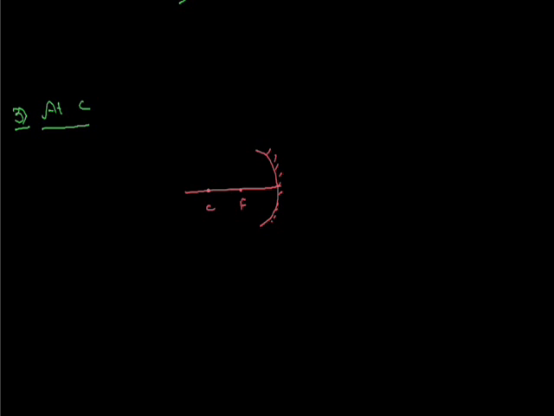Now, rule number 1: when the parallel ray, let us suppose this is the object, just throw one ray parallel to the principal axis in this direction, and after reflection it will come in this direction.